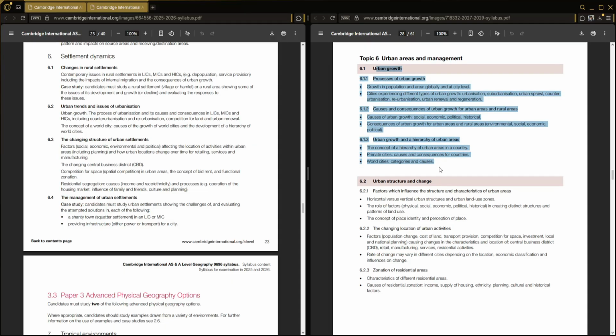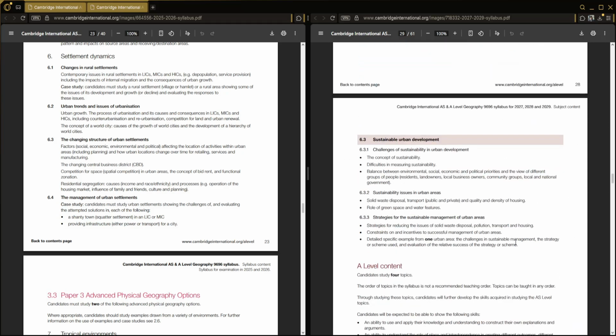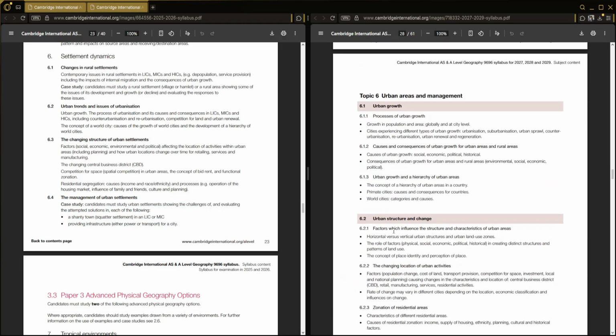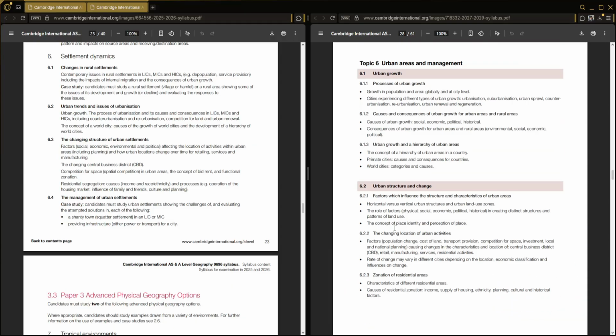Obviously, these are quite similar. These have stuff added on, and this is completely new. But again, I'd say it's been a reduction of what you have to learn. Previously, you needed to learn about rural settlements and you had one case study for it, and then you needed two other case studies. Now you just need one case study and you don't need to study rural at all. So I'd say content-wise, it's much less you have to study.